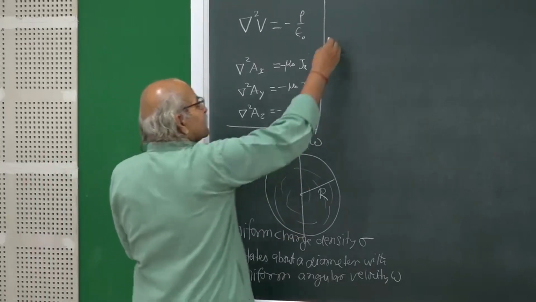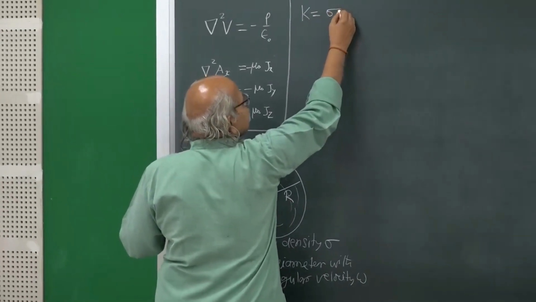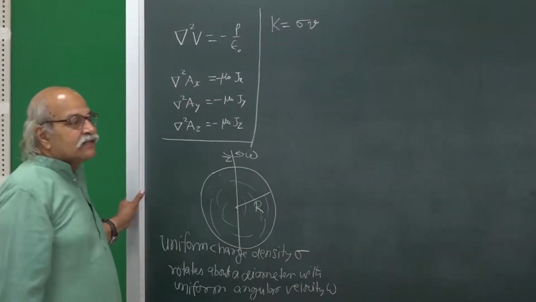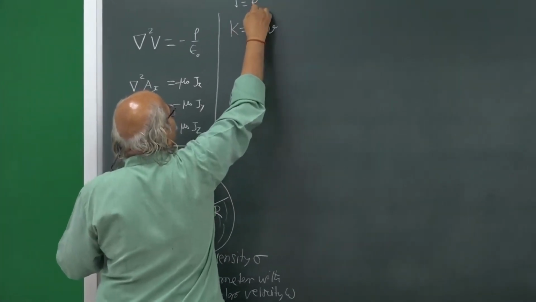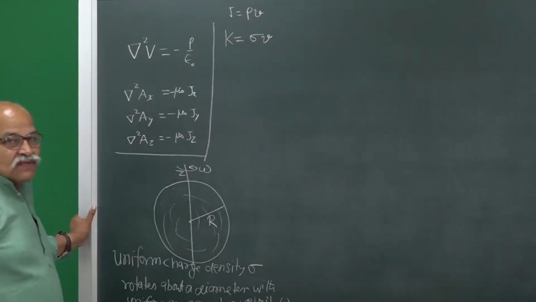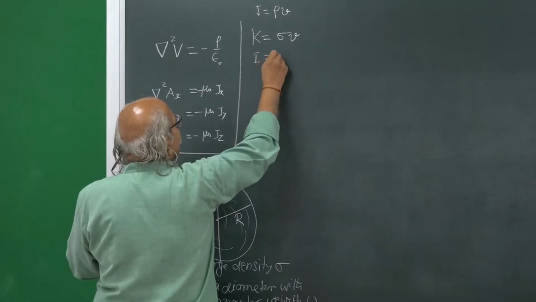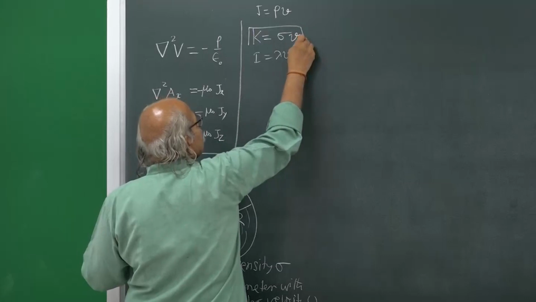And you know, surface current density, the magnitude is sigma times velocity v, right. The volume current density is rho, volume charge density, times v, and so on. For a linear current it will be lambda times v, like that. So, we will have to use this one.